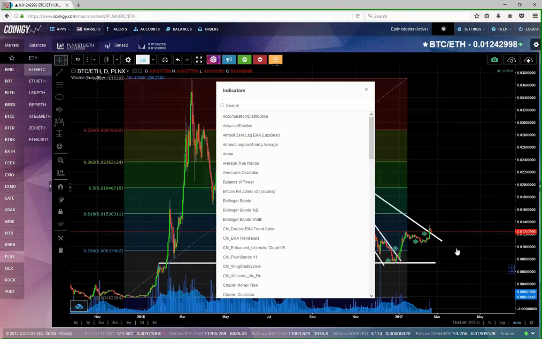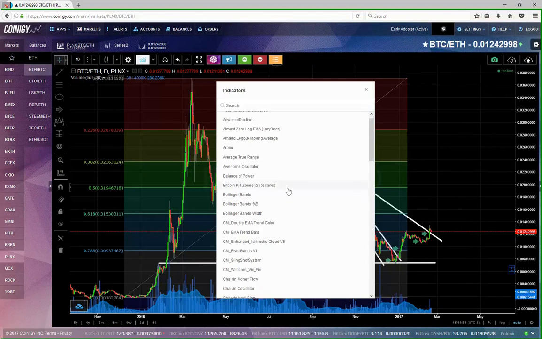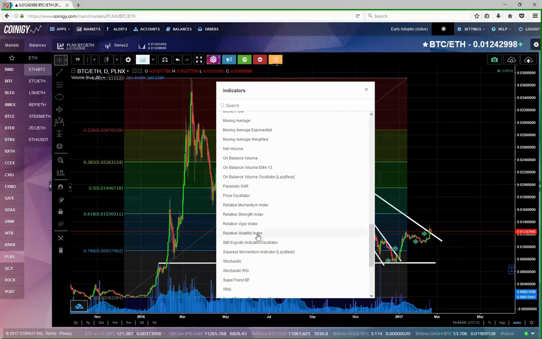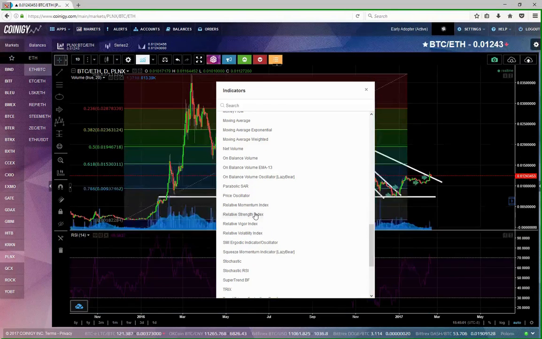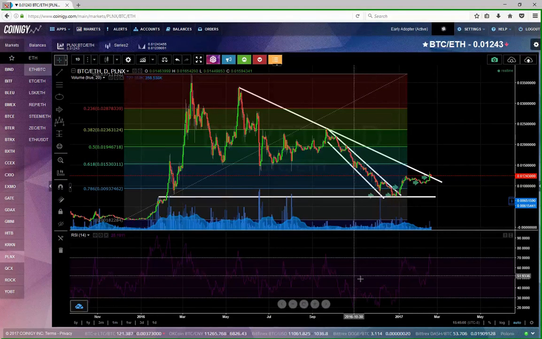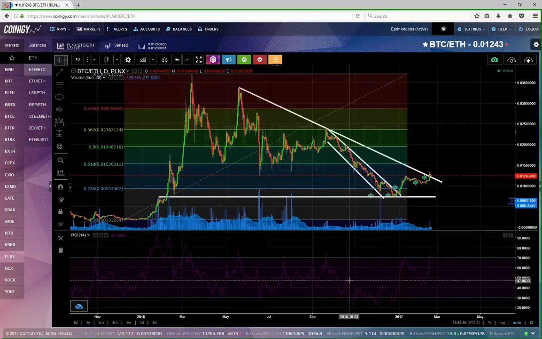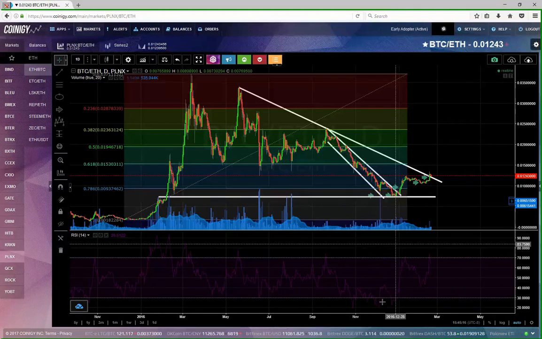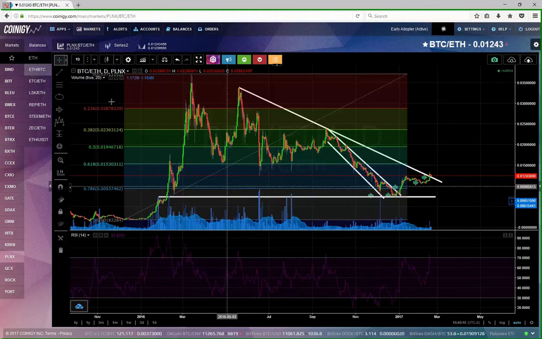So I'm going to insert an indicator. Actually, yes, I want to show divergence here, because technically divergence would be step number one, because that happens before anything else. So look at this. As it was selling off, we were starting to get divergence.